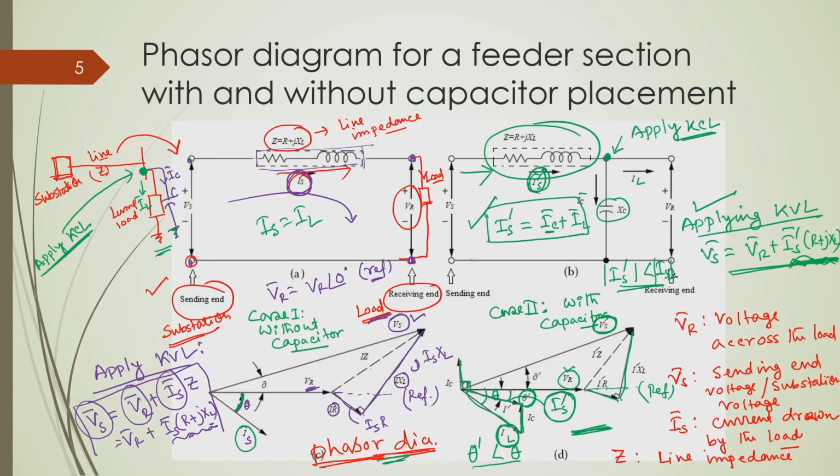As I said, it is the net angle between this current and this voltage, V r and I, where one is I s and another is I s dash. There is a difference of angle, one is theta, another is theta dash, and theta dash is lower than theta. That means cos theta dash is higher than cos theta. So, with this capacitor placement, net power factor is getting improved.